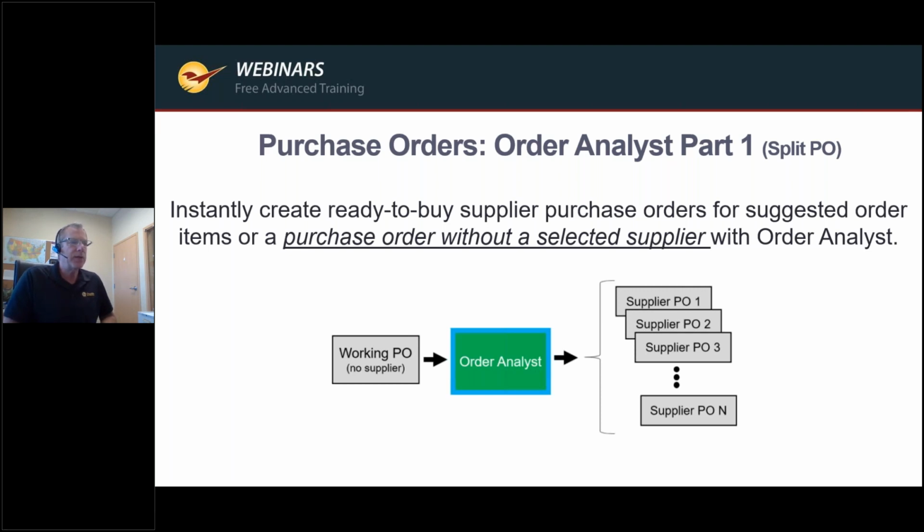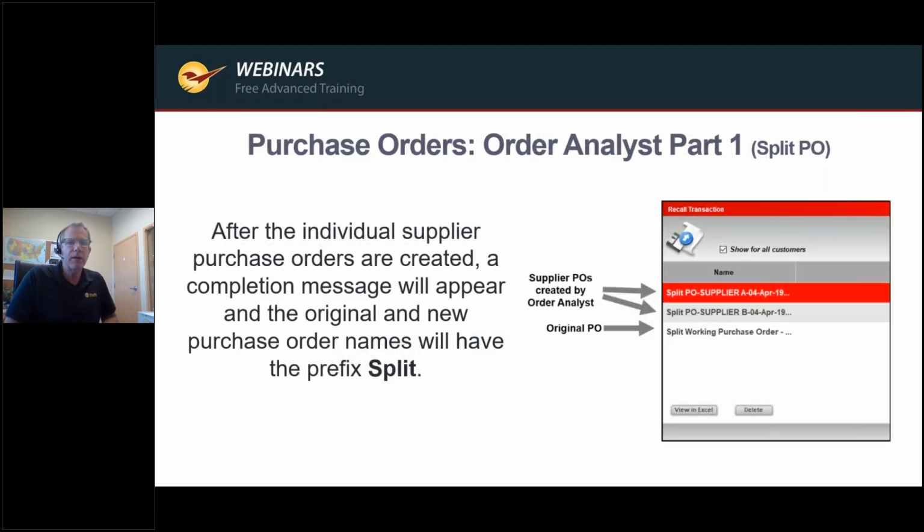So it just takes a working PO, we put it through Order Analyst, and out pops out the other end a couple or more of suppliers, depending on how many suppliers you have for the items that you are purchasing. In this case, we have two. So the original purchase order, as you'll see here on the screen, says split working purchase order.